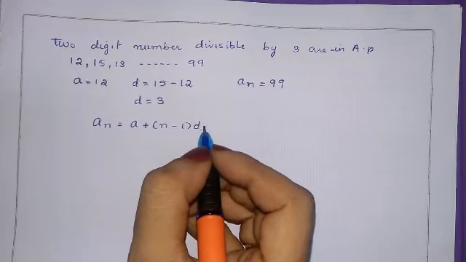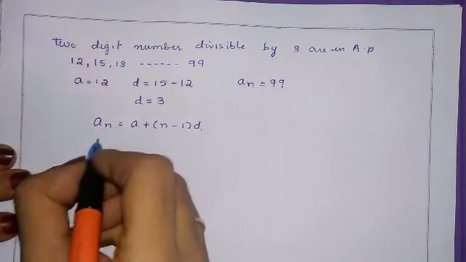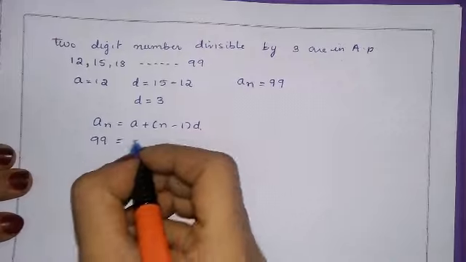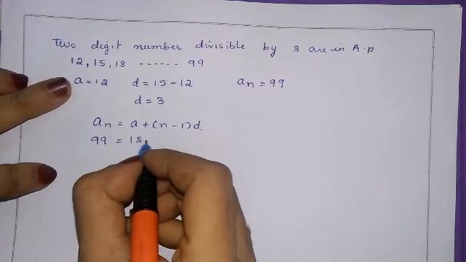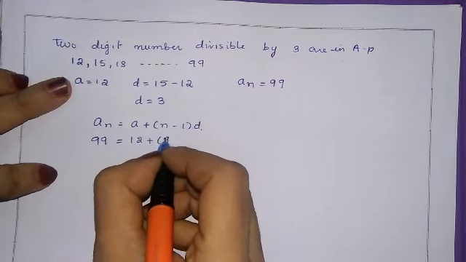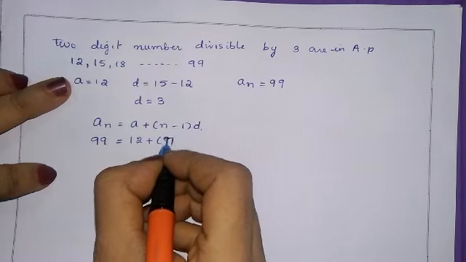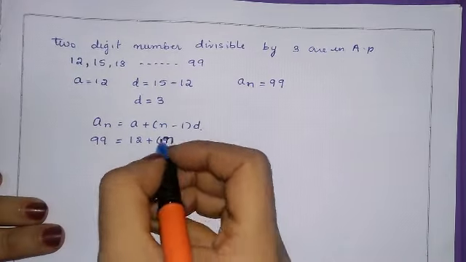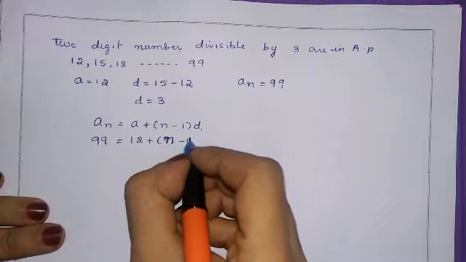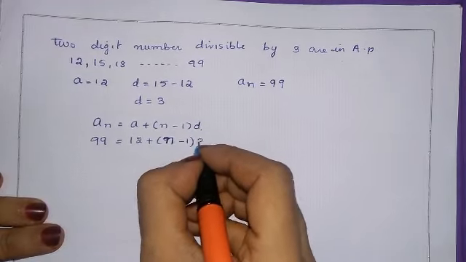So 99 is equal to 12 plus n minus 1, where n is how many two-digit numbers, we don't know, and d value is 3.